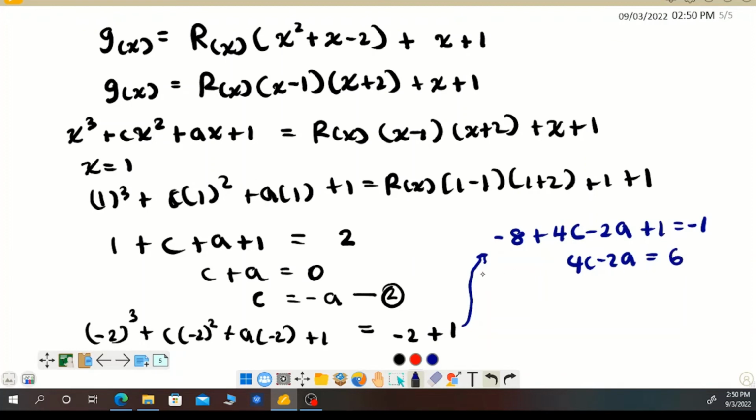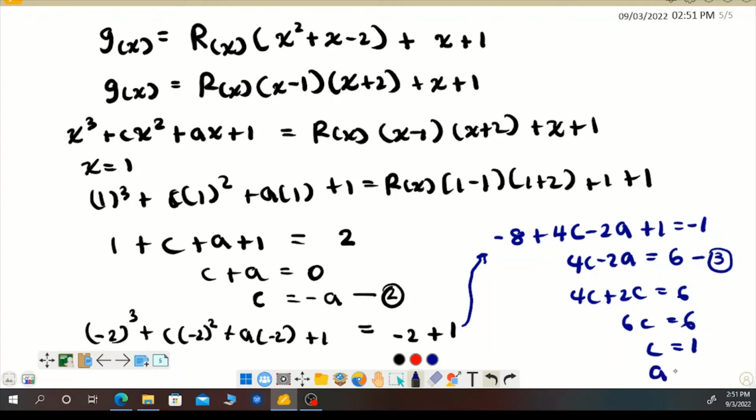So I can substitute minus a as c. Okay, I am going to substitute c equals minus a into my third equation. This is my third equation. Then I can obtain 4c plus 2c equals 6. It means 6c equals 6. c equals 1.